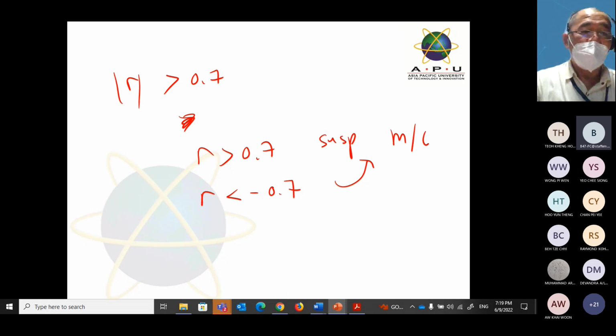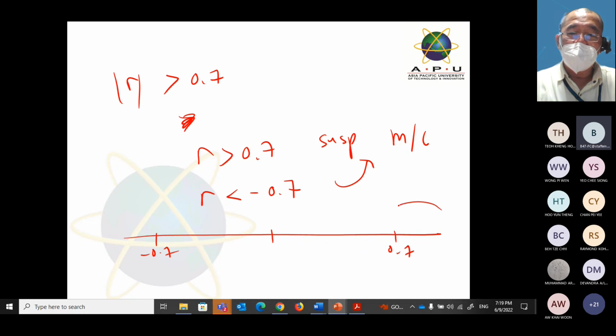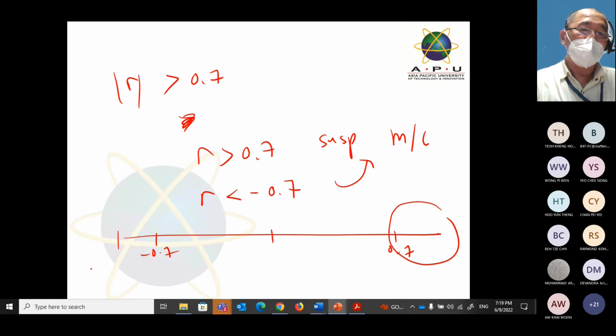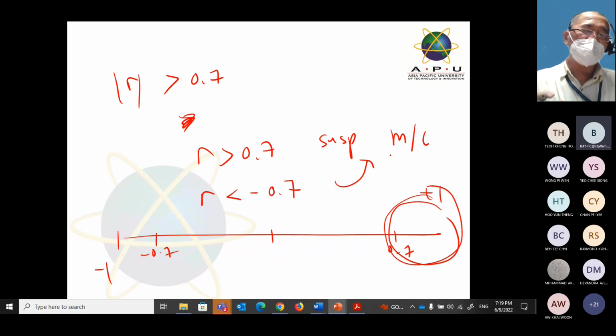Remember this, a quick review on what you learned in stats. Correlation is minimum negative 1, maximum positive 1. Let's say the correlation is more than 0.7, in this area, the relationship between the two variables is quite strong, positive.